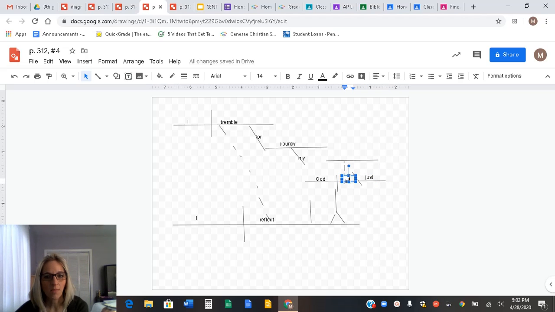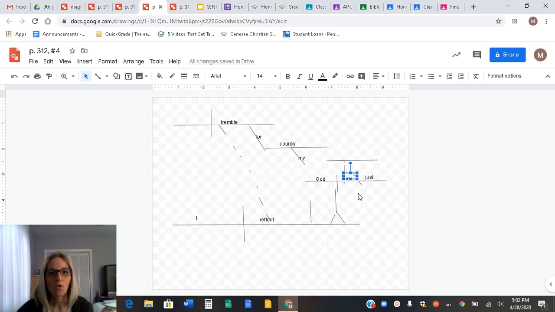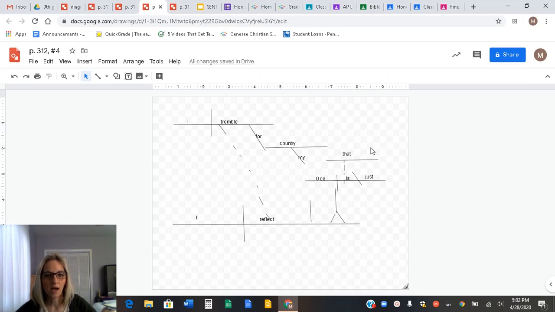Now remember, when you have a noun clause and your relative pronoun does not have a function, it's going to be a floater. You join it on this floating line here connected to the verb. So you see, once you take it apart and do it little piece by little piece, it's not that difficult. How did you do? Did you get it figured out before I got it all up there?